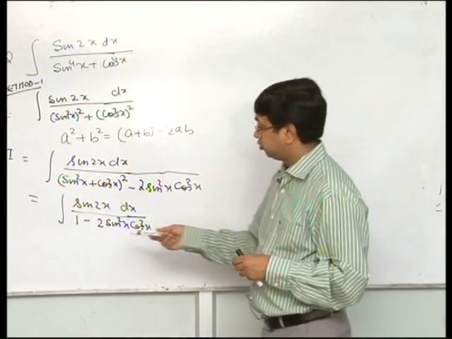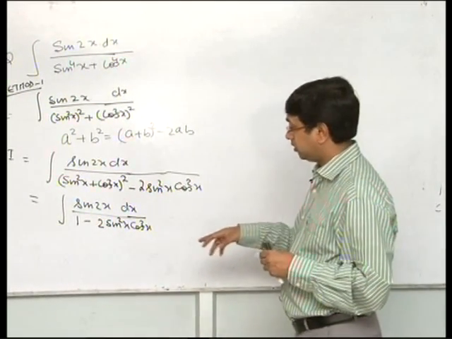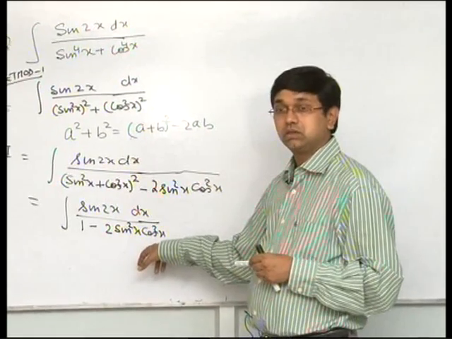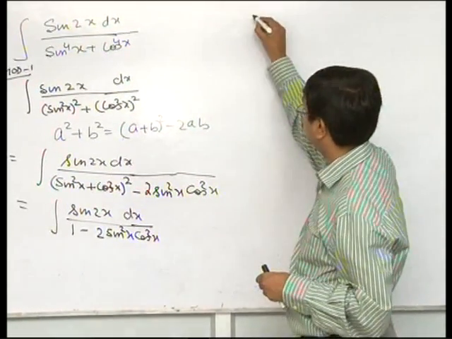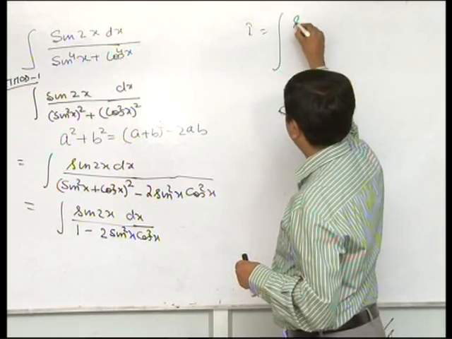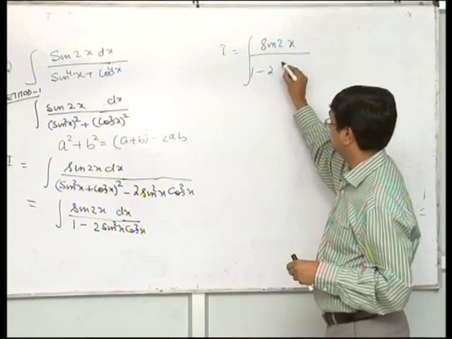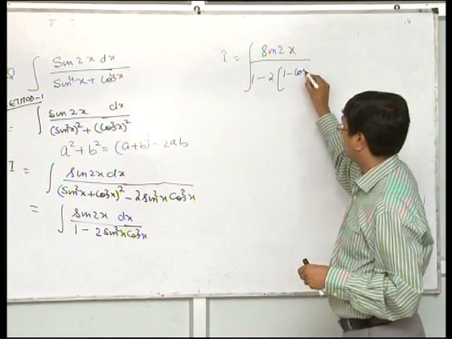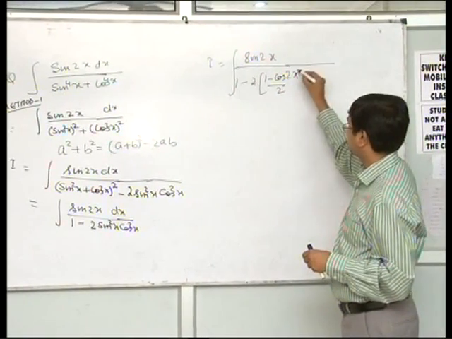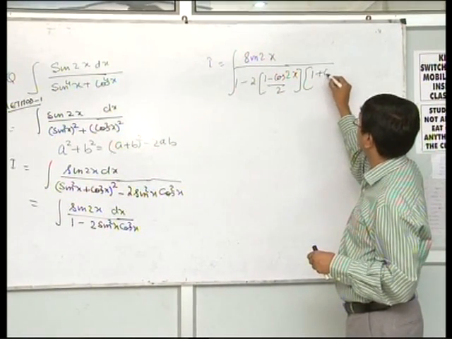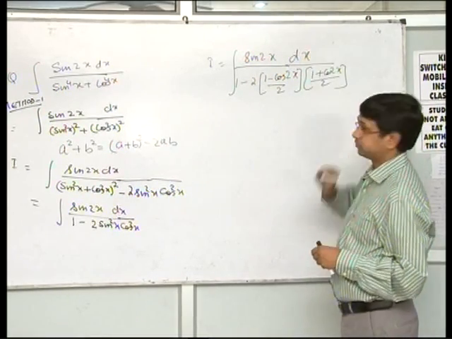See, 2 sin square x can be written as 1 minus cos 2x, and cos square x can be written as 1 plus cos 2x. So once you write that and you have that as a derivative, straight away you can do sin 2x upon 1 minus, putting this formula of (1 minus cos 2x) by 2 and (1 plus cos 2x) by 2 and a dx.